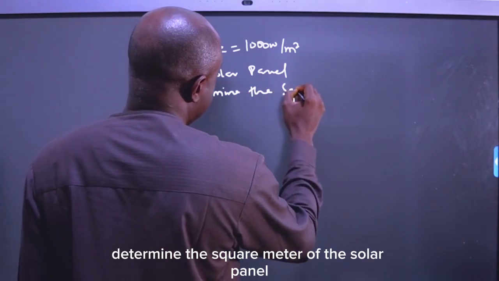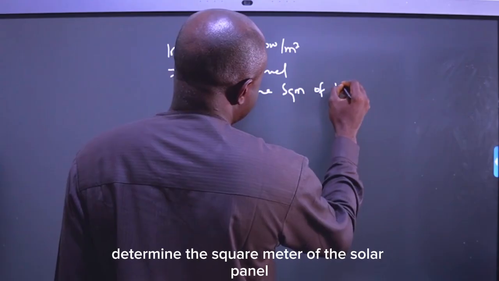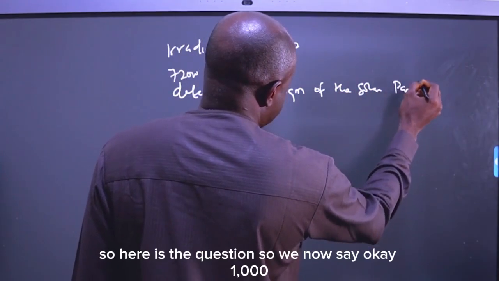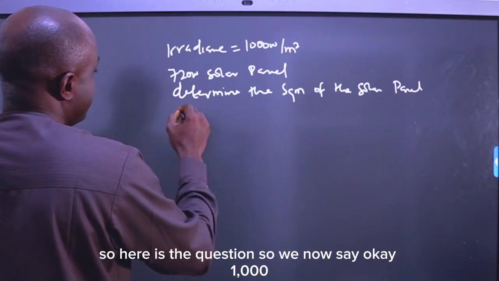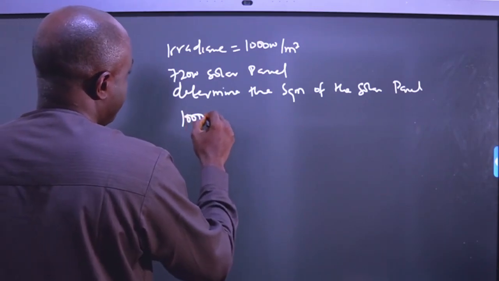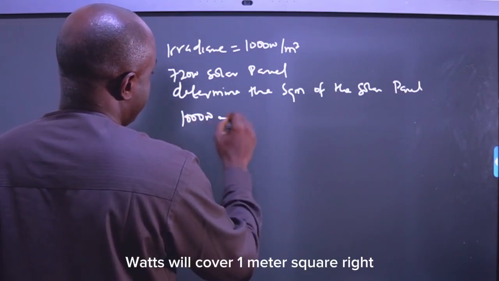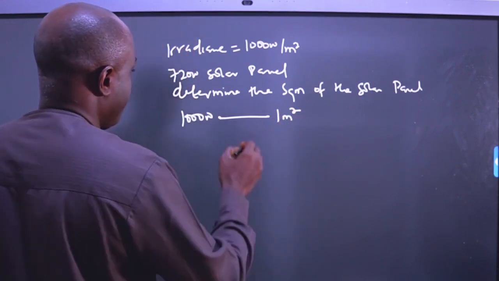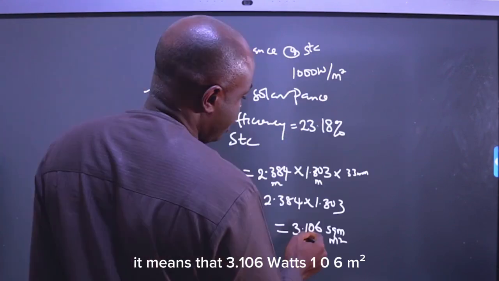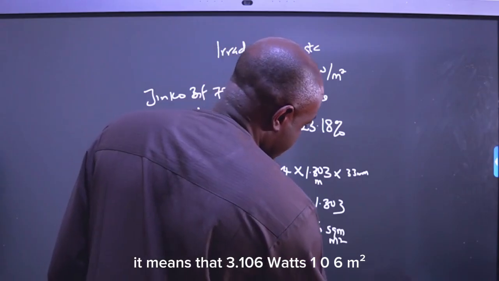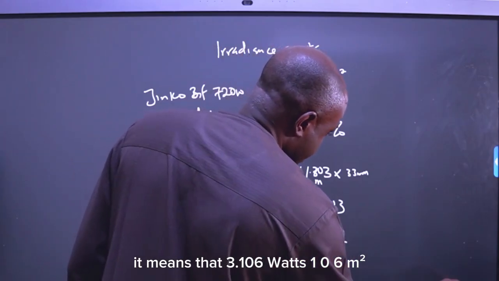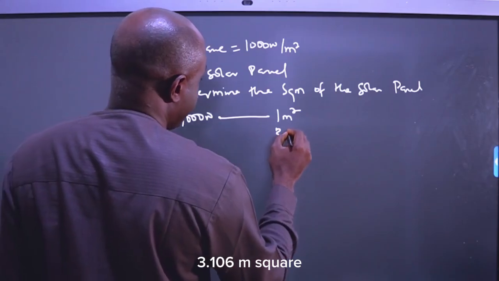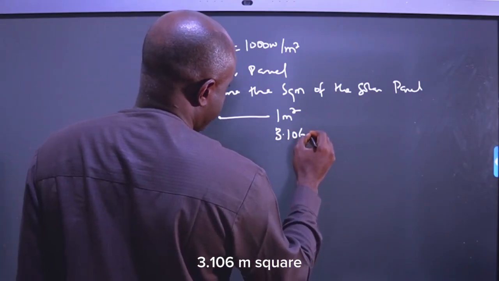So here is the question. So we'll now say, okay, 1000 watts will cover 1 meter square, right? It means that 3.106 meter square.